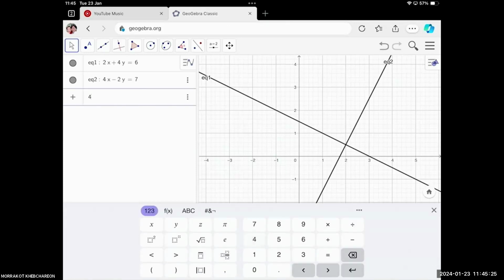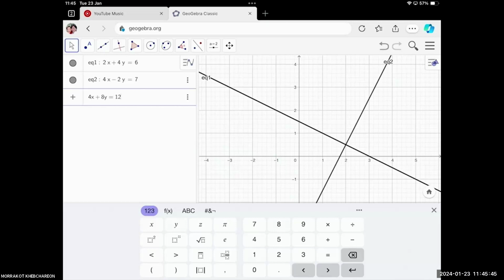Actually, it's the same equation, the same line.